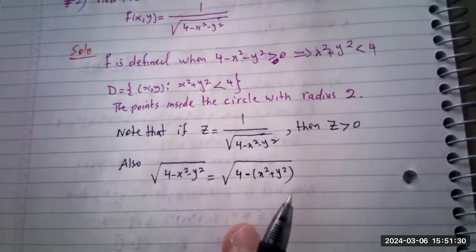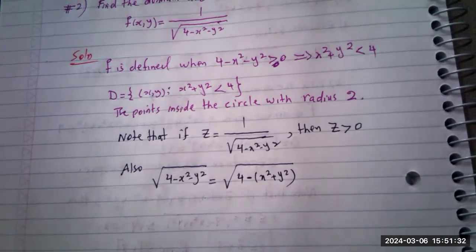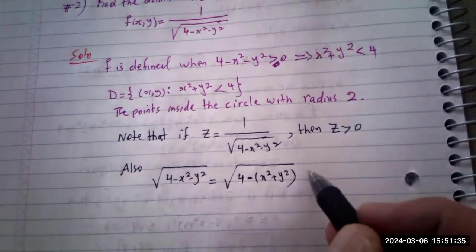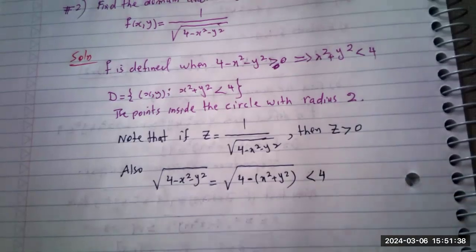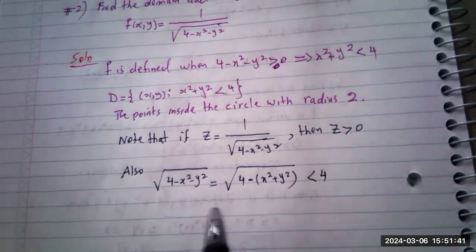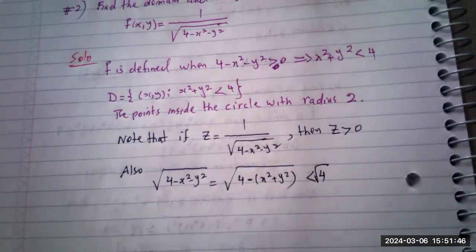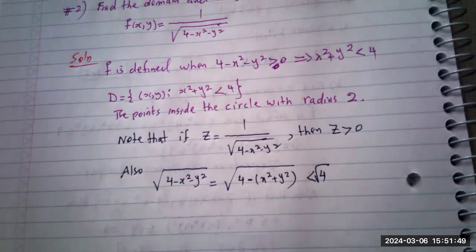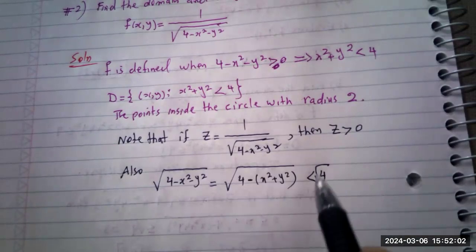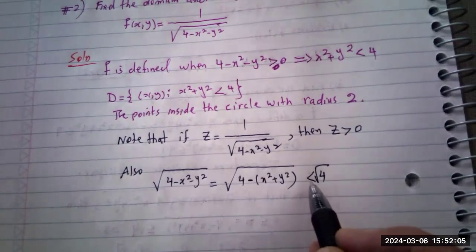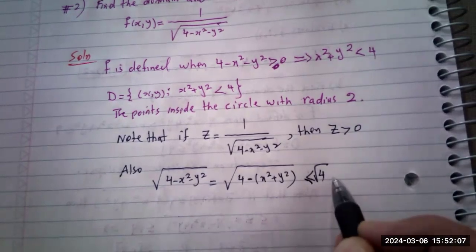Inside the radical is 4 minus something, so this is going to be less than 4, but since it's a square root, that expression is going to be less than radical 4. This combination can also be 0, nothing to worry about. So this is less than or equal to the radical 4, which is equal to 2.